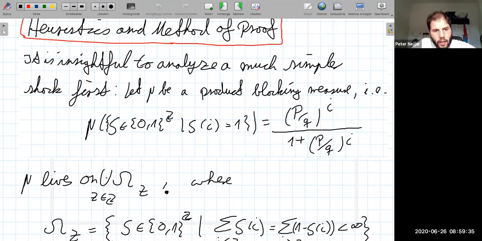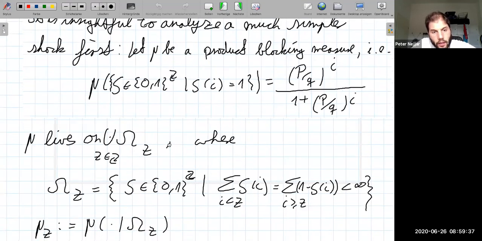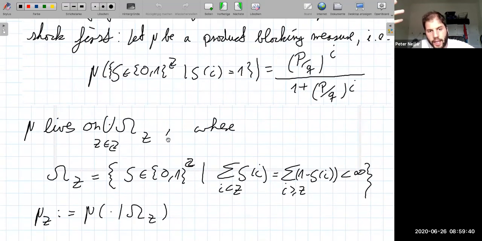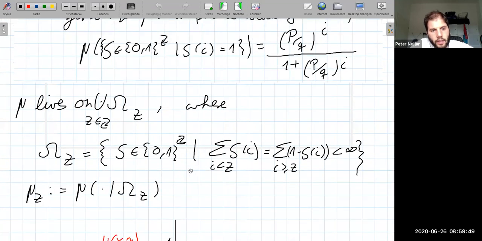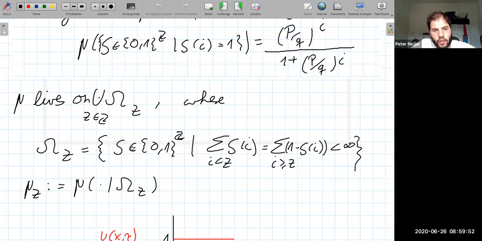And this mu is actually supported on a countable union of sets, each of which is again countable. So mu lives on the union of spaces omega z, where omega z consists of all the configurations zeta such that the number of particles of zeta to the left of z equals the number of holes of zeta to the right of or at position z, and these two numbers are finite. Okay?